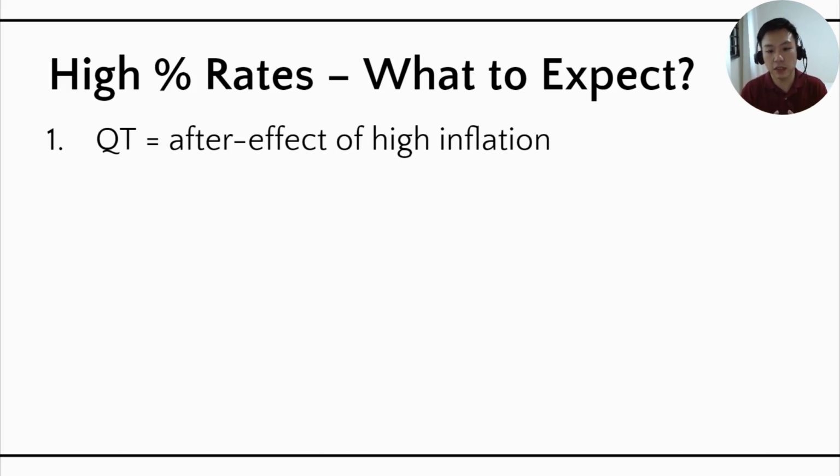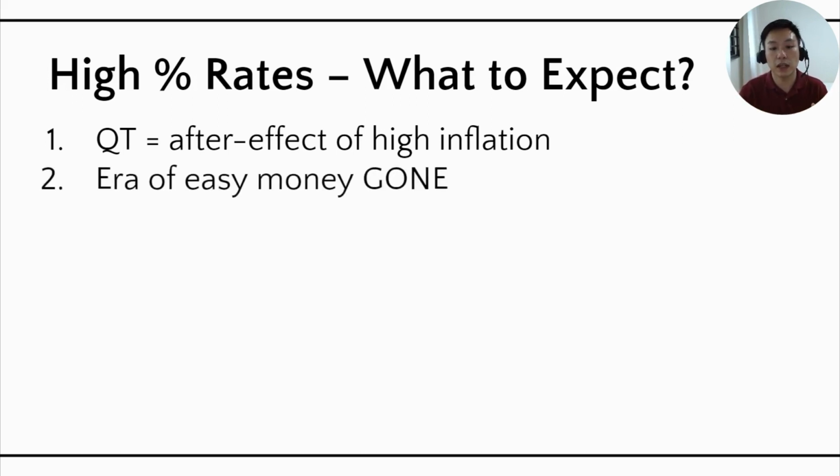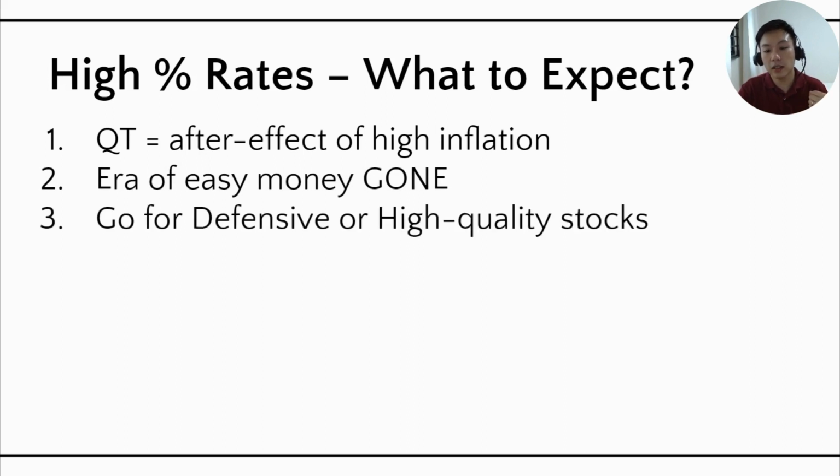And this effectively means that the era of easy money is gone. What we can do as investors is to perhaps look at defensive or high quality stocks with a solid balance sheet that can churn out free cash flow for their continued growth in the future.